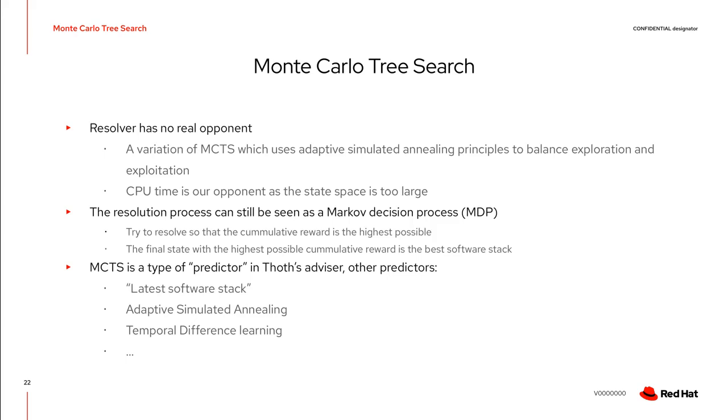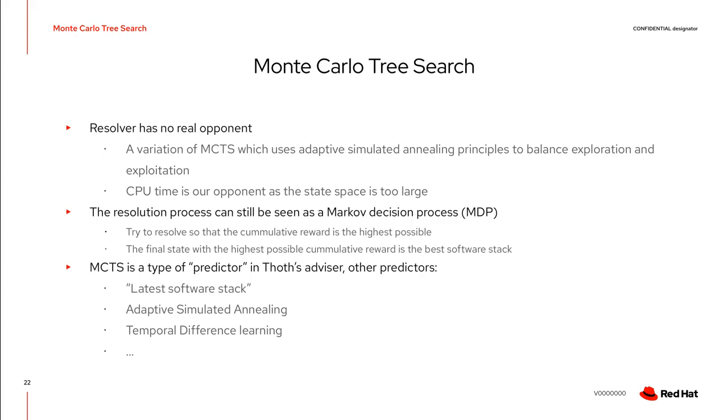And then we have other predictors for resolving latest software stacks, or another predictor that uses temporal difference learning, or another predictor that uses adaptive simulated annealing. And there are also other predictors that we've experimented with. For example, a predictor that tries to resolve always one package to compute all the combinations in the stack.